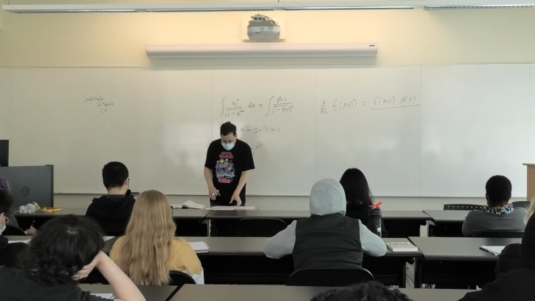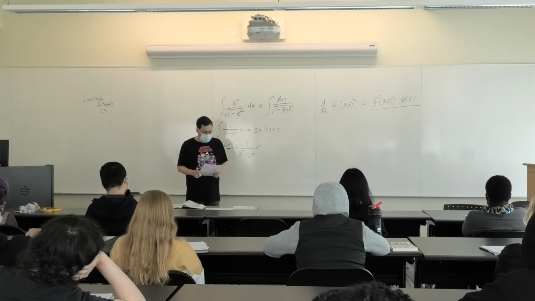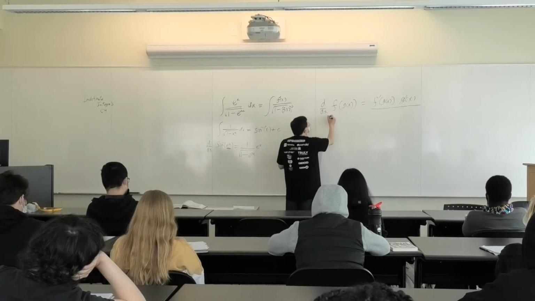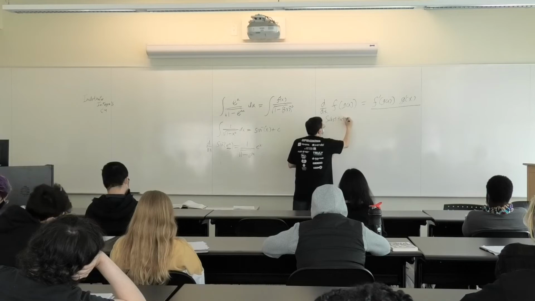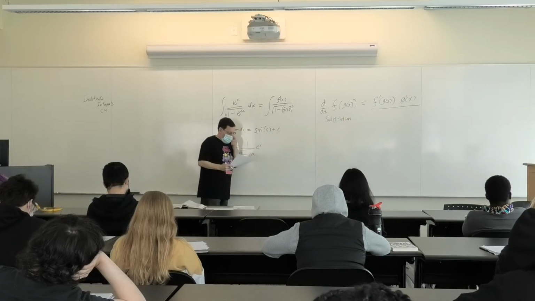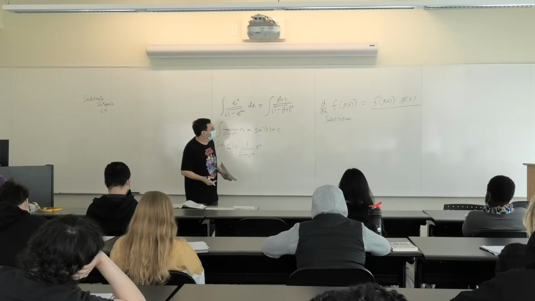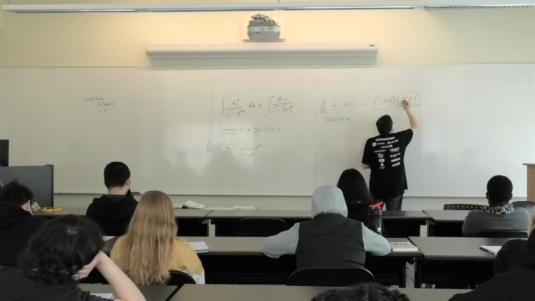We're going to look at this on Tuesday in more depth. This is going to be called substitution. And again, the strategy is to see, typically, what g prime of x is.